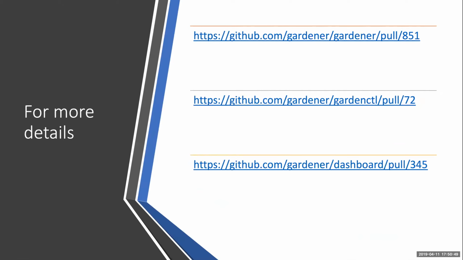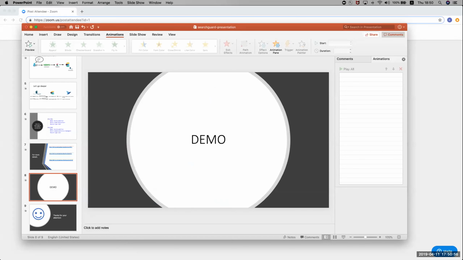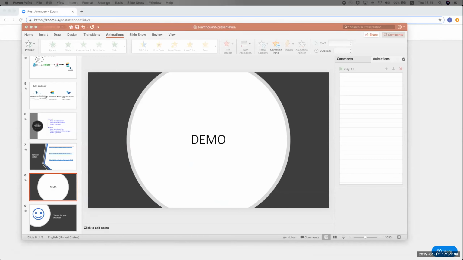And let's show it in a little demo to see how all the things work together. I'm going to show you the demo directly from the Garden dashboard. So here is my local shoot.